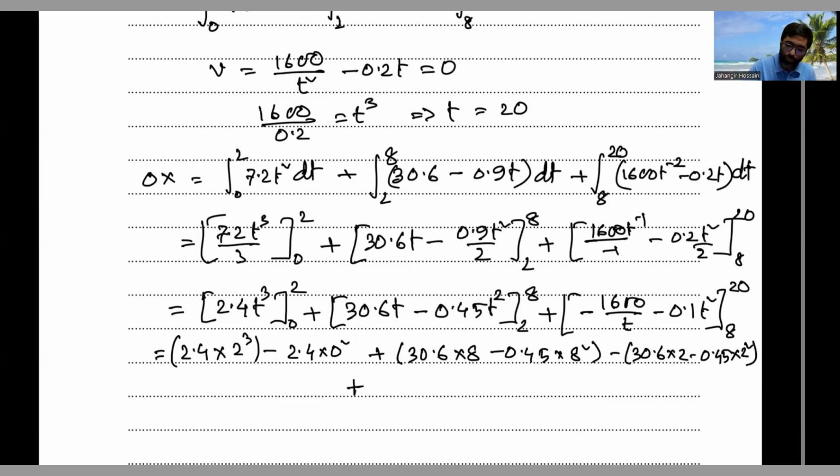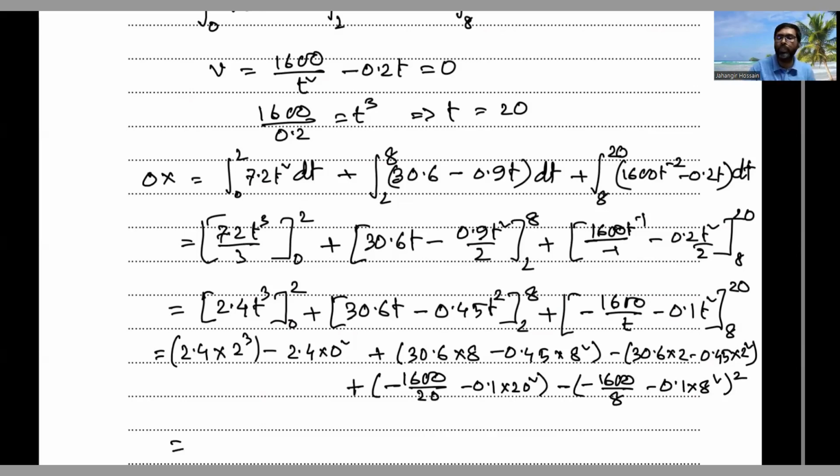There we have minus 1600 by 20 minus 0.1 into 20 squared minus minus 1600 by 8 minus 0.1 into 8 squared. And you add all these three, you get the total distance equal to 262.2 meters.